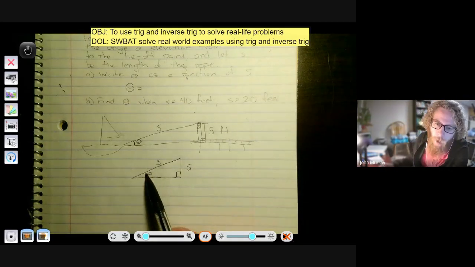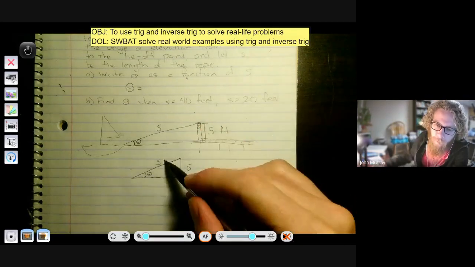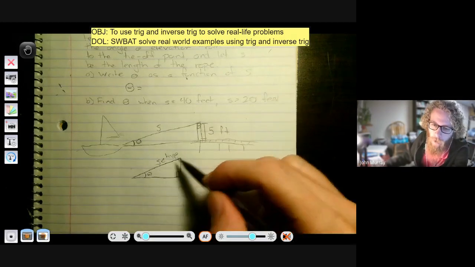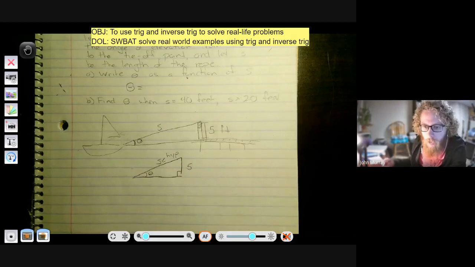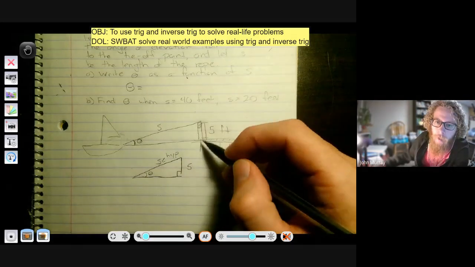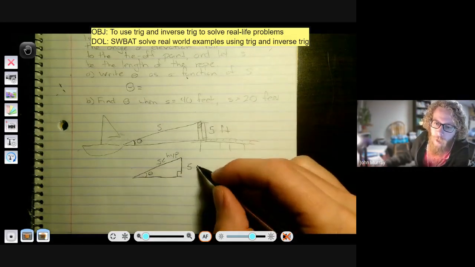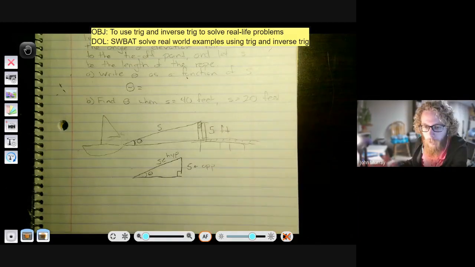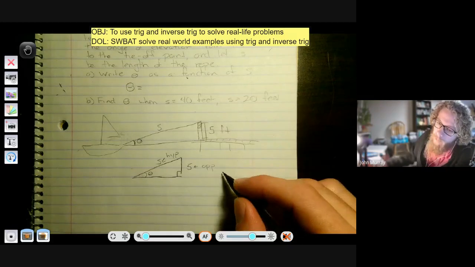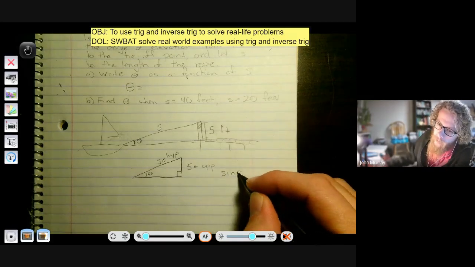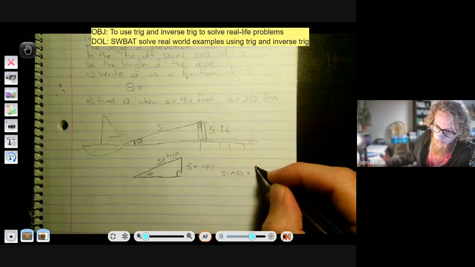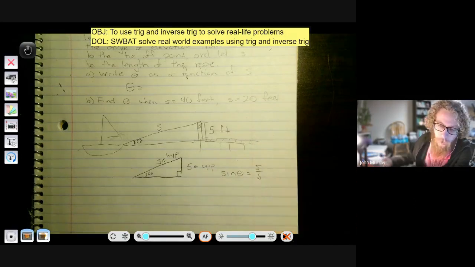With my angle being here, the S, the rope length, is going to be my hypotenuse, and the height of the pole, the 5 feet, is going to be my opposite. If I was just setting up a regular trig function, I would have that the sine of theta is equal to 5 over S.